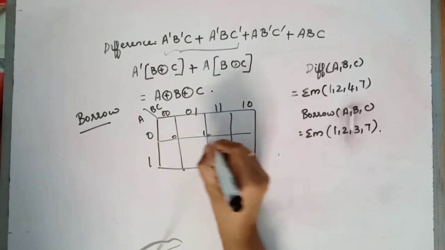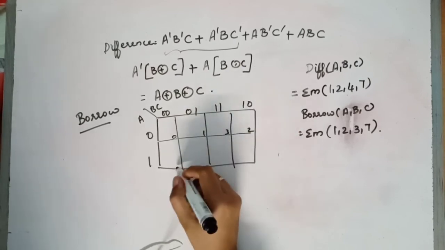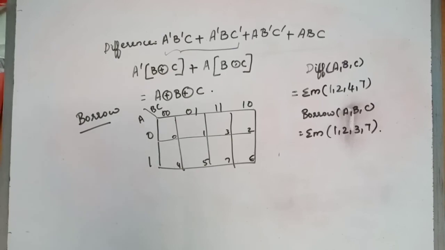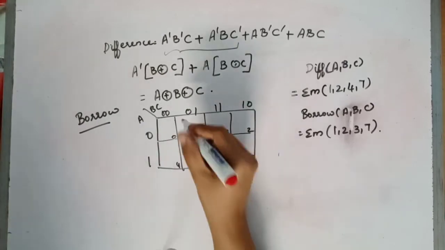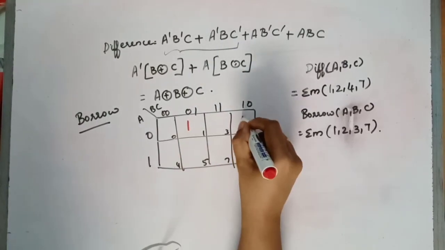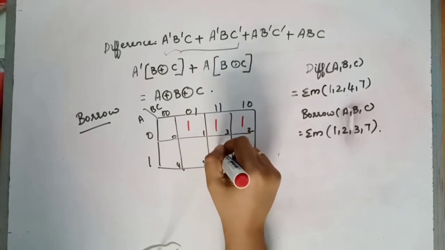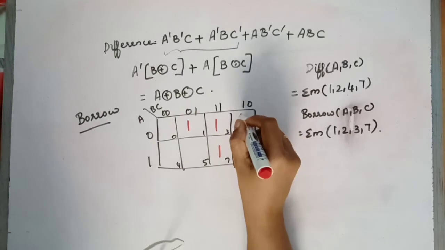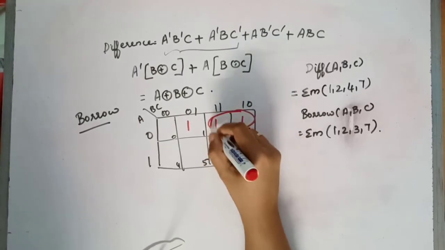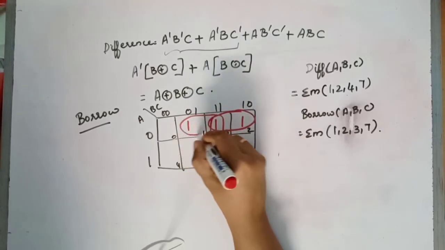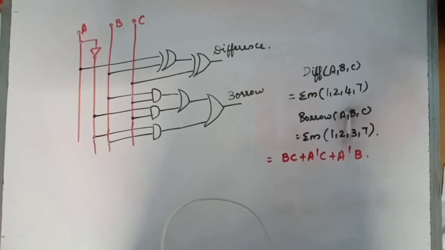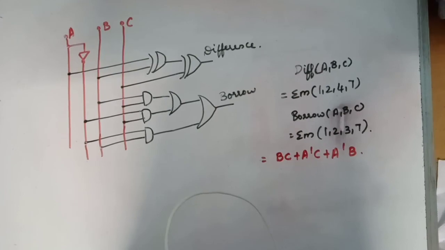So it is 0, 1, 3, 2, 4, 5, 7, 6. 1, 2, 3, 7. Yes. So you can group these, you can group these, you can group these. So what is the answer?